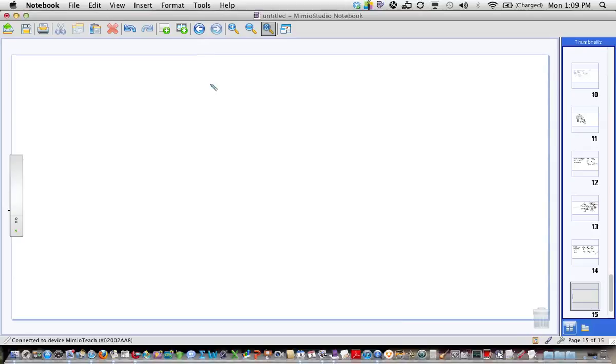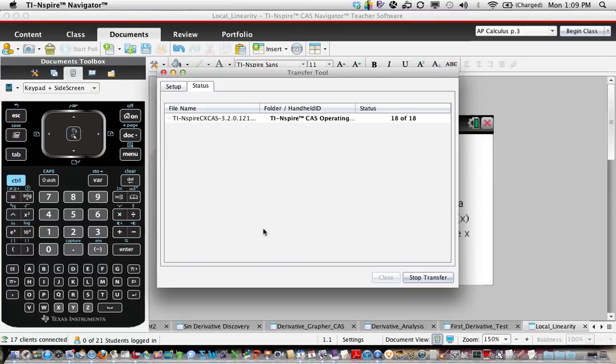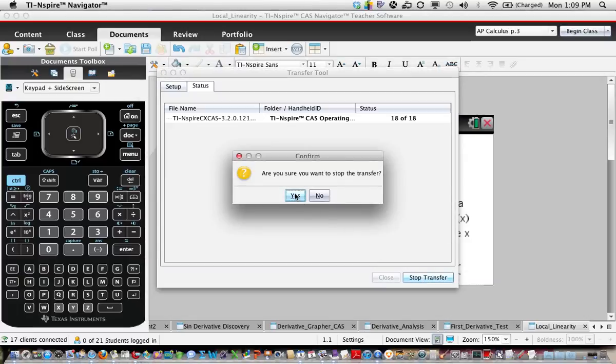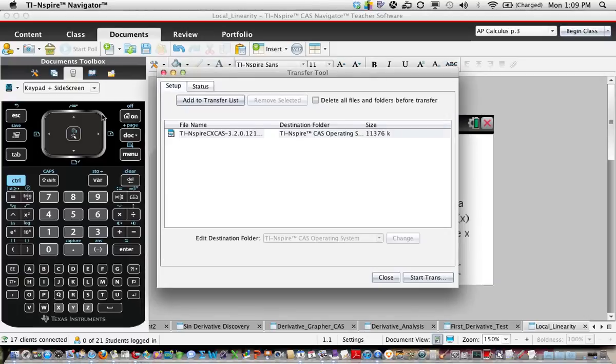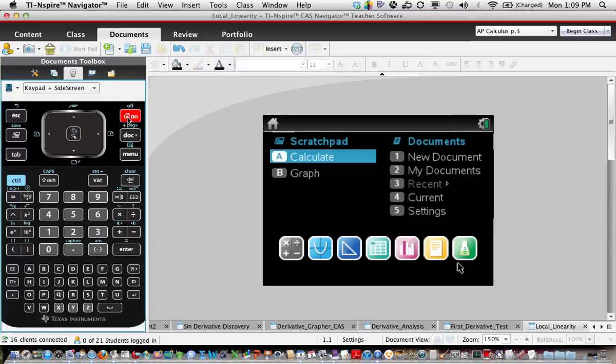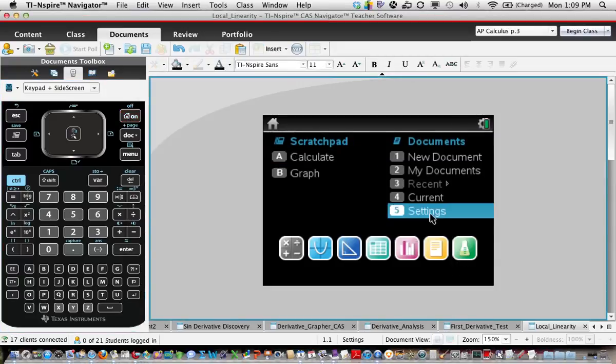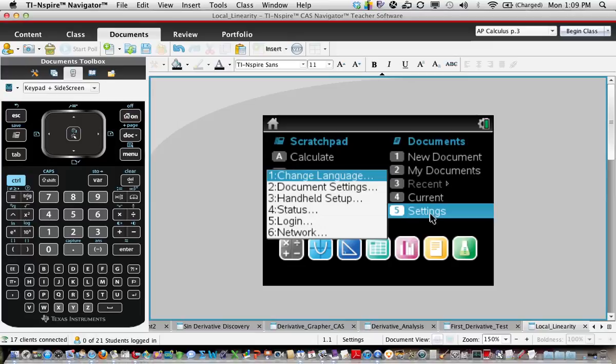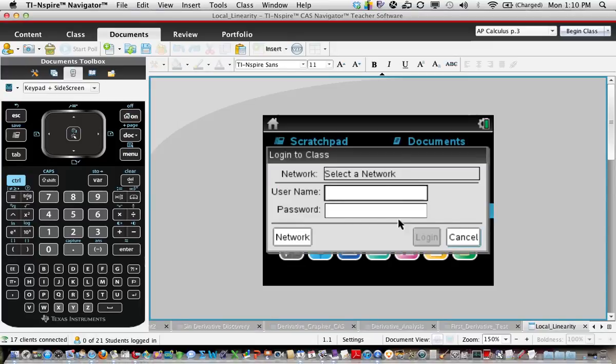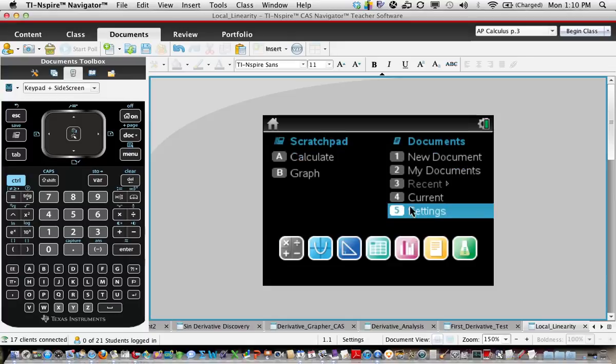Let's see. Everybody log in. What happened with the calculators here now? Did everybody's restart kind of? I'll tell you what. Do this. Everybody go to the home screen. Go to settings. Status, I think maybe.